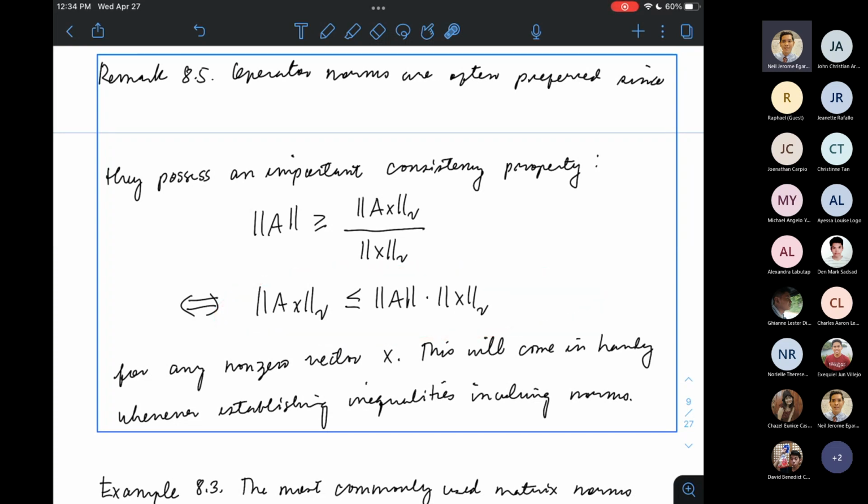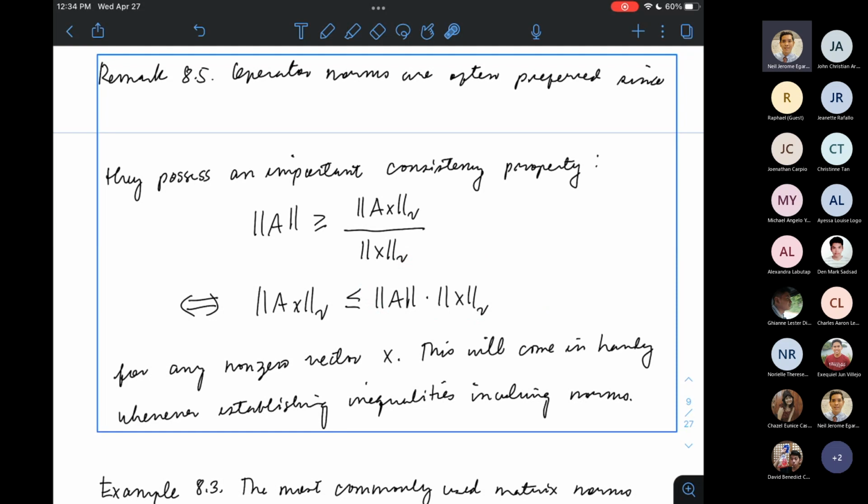So ibig sabihin, kapag si A nag-operate siya kay vector x, yung laki ng vector ax ay hindi lalampas dun sa norm ni vector x times the operator norm. So ibig sabihin hindi masyadong nagbo-blow up yung norm ng ax compared to the norm of x, right? Kasi hindi nga siya lumalampas sa size nito.